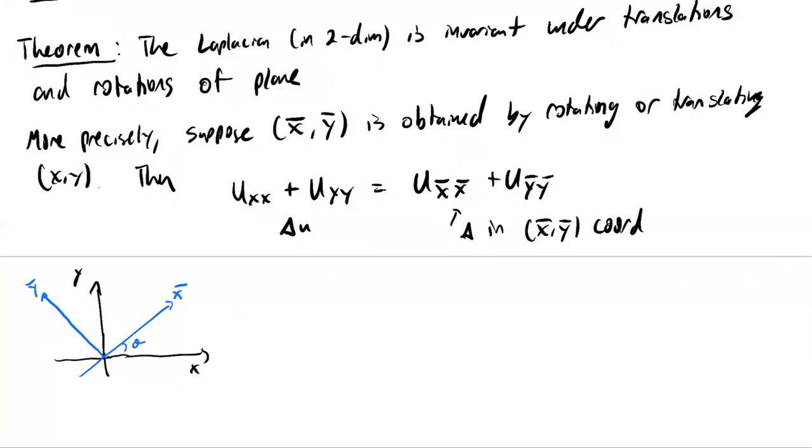Right, and so this may seem like kind of a technical result, but it's important for applications, in particular in physics, right? Because there are a variety of phenomena in physics which will be described using the Laplacian. And so in physics, you don't want necessarily any distinguished set of coordinates or any distinguished reference point, right?